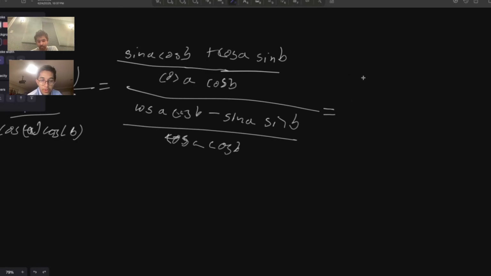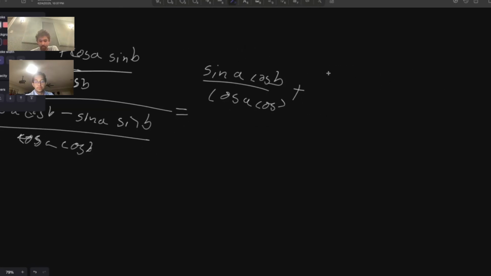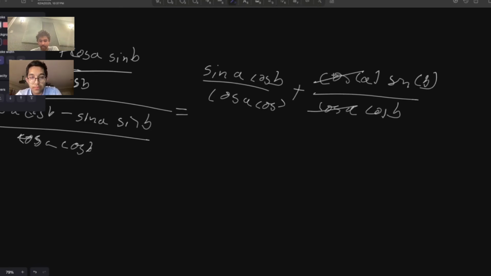So, I'll just split this apart: sine A cosine B over cosine A cosine B plus cosine A sine B over cosine A cosine B. As I said, these cosines cancel out.